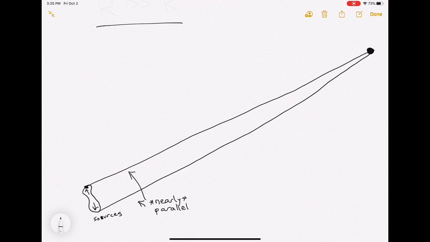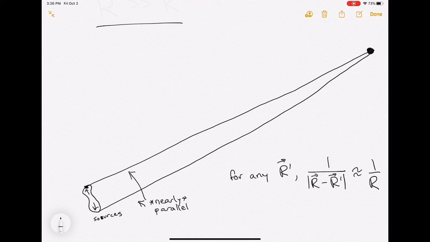For amplitudes, we can actually make the approximation that for any value of r prime that exists on the source, one over the magnitude of the distance between the source point and the observation point is approximately just equal to 1 over r.